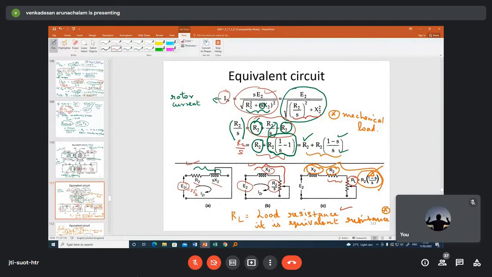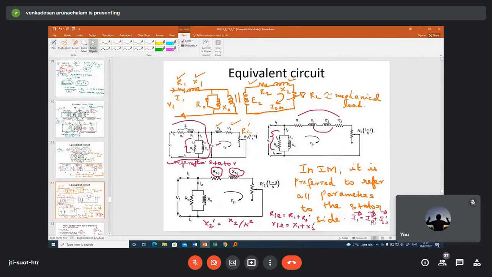So after doing this modification, finally you can have the equivalent circuit like this. You have R1, X1, R0, X0, E2, R2, X2, and this is the load resistance that is varying with respect to load. So this is very much equivalent to the mechanical load. This is the equivalent circuit of the induction motor.